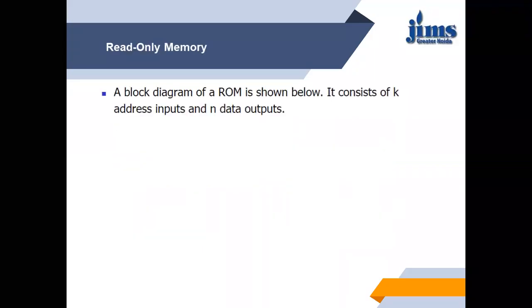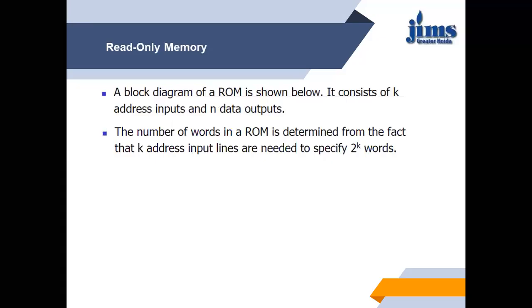Now let's first discuss the read-only memory. As I have told you, when we implement a Boolean function with the help of a decoder and OR gates, that combination is known as ROM. A block diagram of ROM is shown in the next slide.